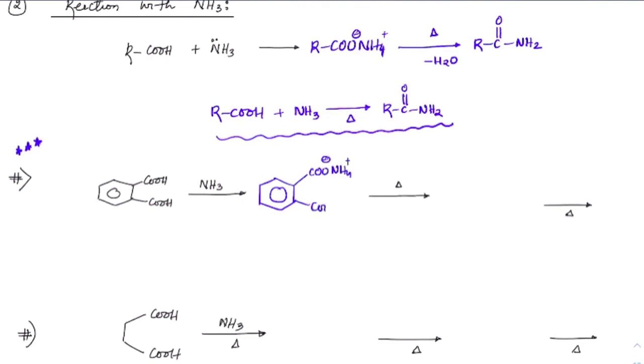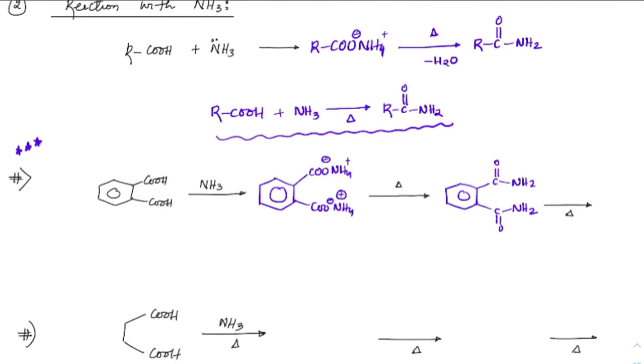Here also COO minus NH4 plus. Next, on heating, we will get amide form here. Got it. So next we will get CONH2 and CONH2. This is what you will get.